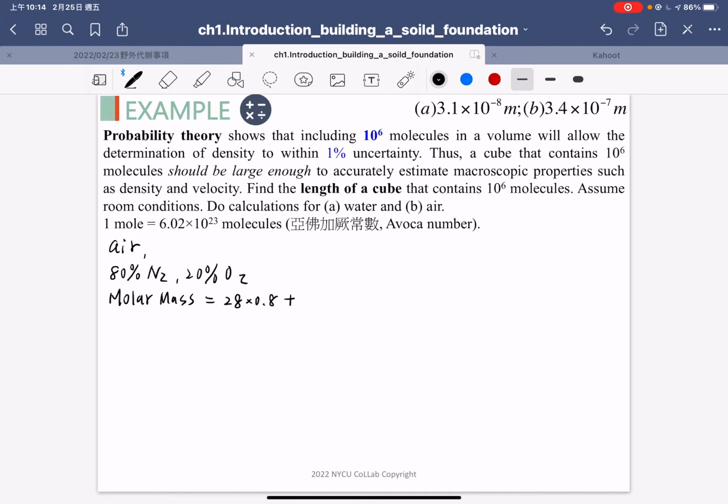O2 is 32, but we only have the 20% component. Okay, so you can compute the values using your calculator here.